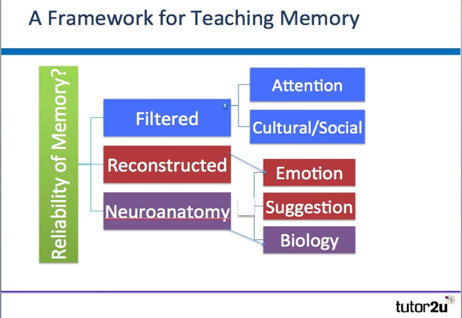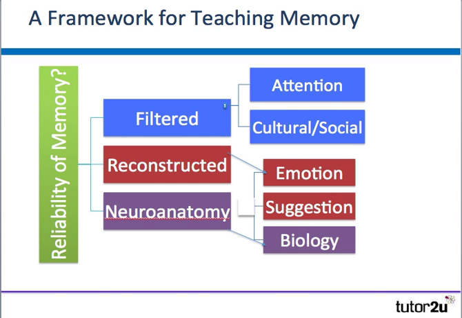So this is actually how I structure it. I start at the point of the reliability of memory, and then split this into three different sections. Memory is filtered, memory is reconstructed, and the neuroanatomy of the brain also affects memory. And then I break this down even further.